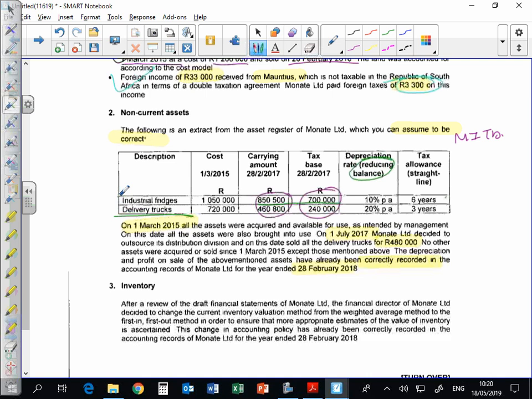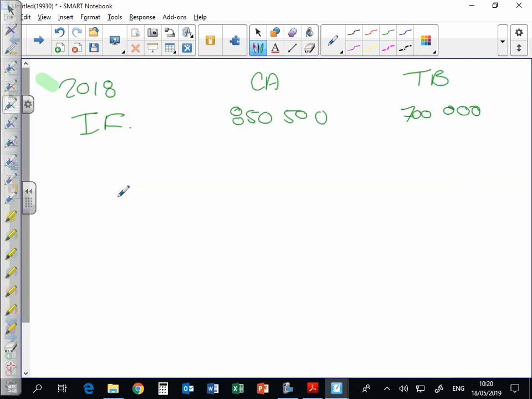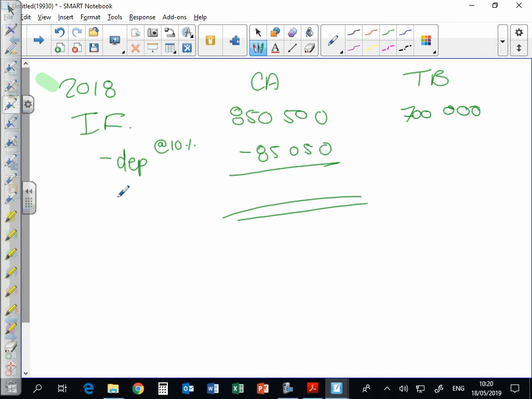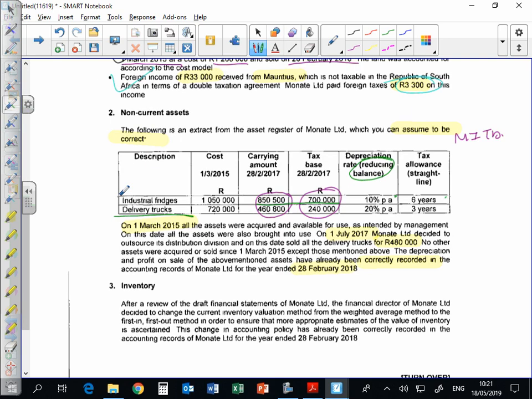In terms of our depreciation, we work on the reducing balance method. They are depreciated at 10% per annum. So do you guys agree that 850,500 at 10% will give me 85,050? Everyone happy with that depreciation? Then we'll get our carrying amount over there. In terms of wear and tear, they told us that these assets are straight line over 6 years.